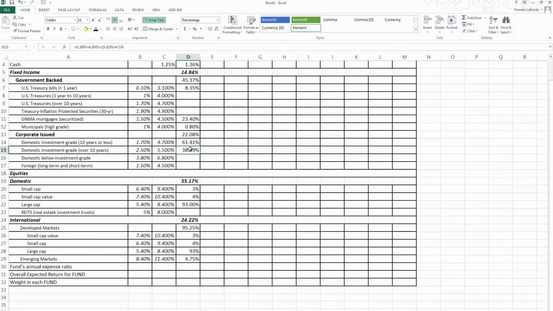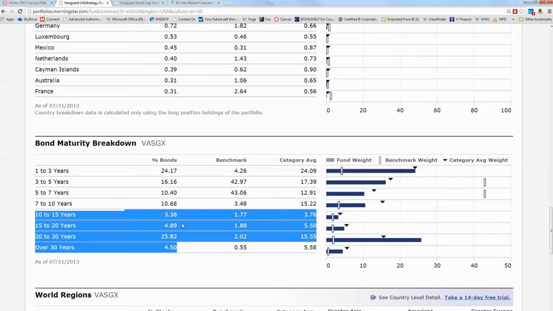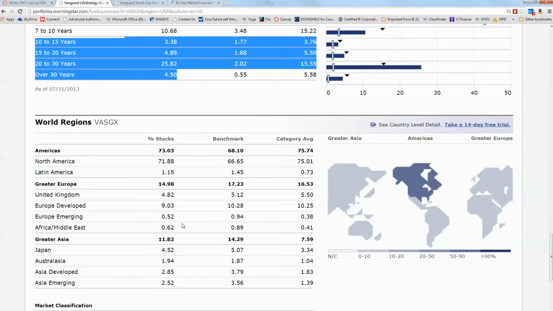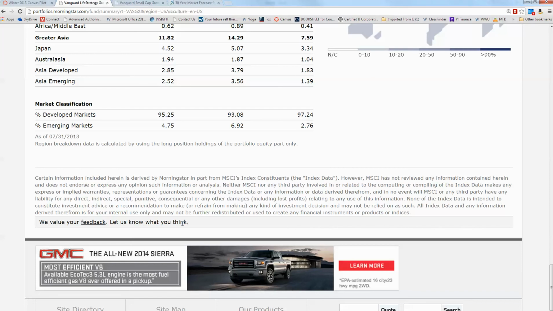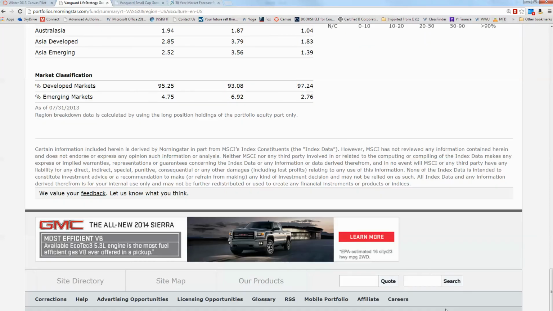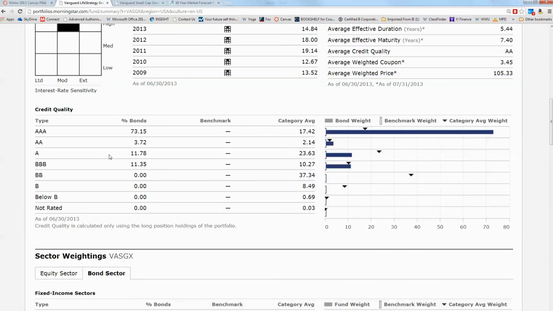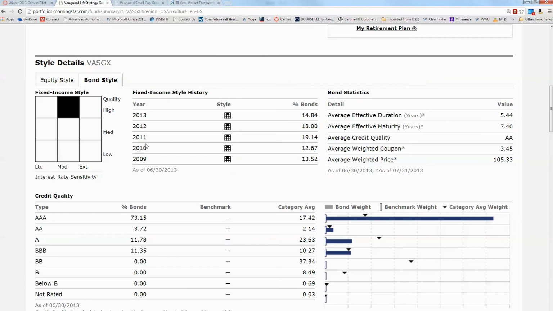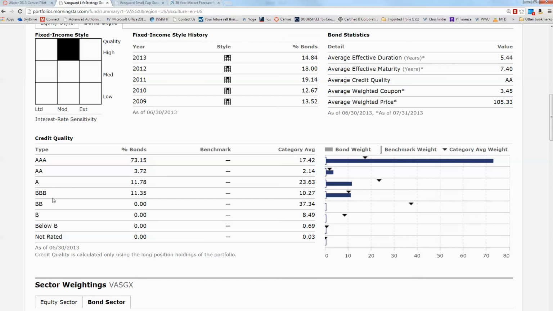Now I actually need to see whether these are below investment grade or above investment grade, and I know they tell me that information. I'm going to go on a quest to find it. Okay, it's under portfolios, style details. You have to click on bond style, and here's the credit quality.